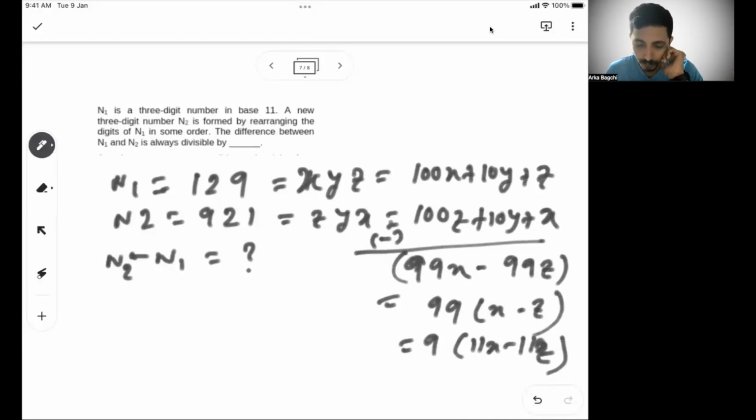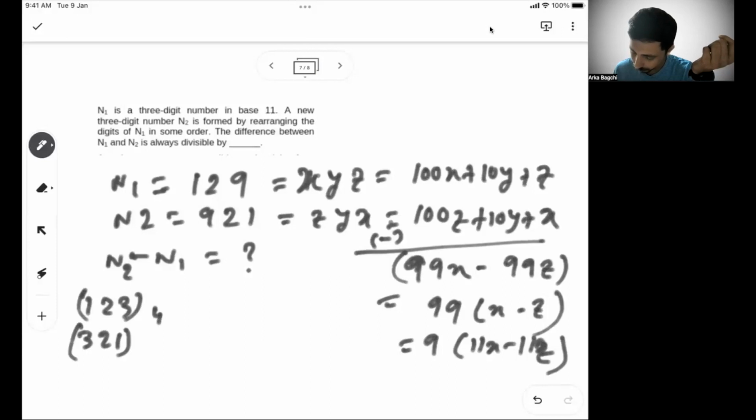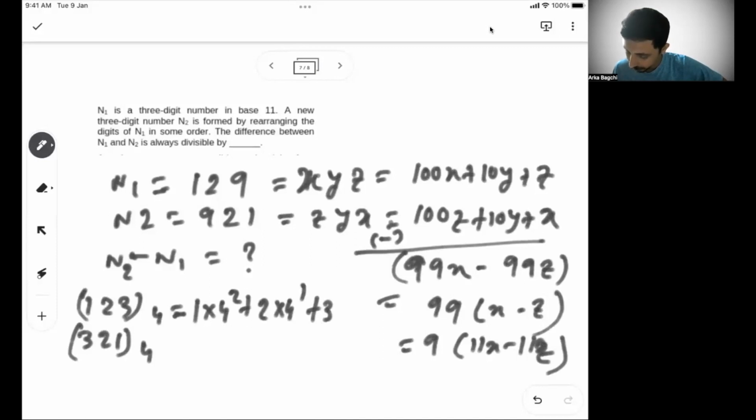Okay. Now I will take another 3-digit number in another base system and try to convert it. Let's say 1, 2, 3 in base 4, and 3, 2, 1 again in base 4. If I convert this, it will become 1 into 4 square, plus 2 into 4 to the power 1, plus 3 into 4 to the power 0, which is 1.